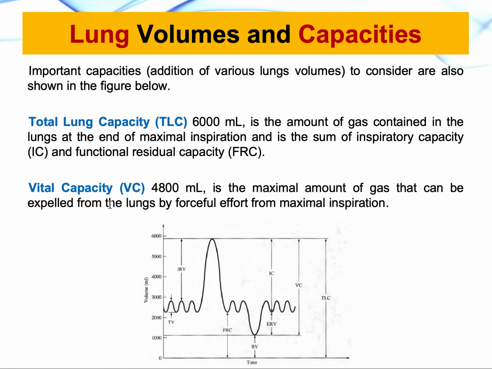The vital capacity, VC, is another important quantity, which is about 4,800 milliliters, and it's the maximum amount of gas that can be expelled from the lung by forceful effort from maximum inspiration. So that's the VC. That's how much I can push air out.